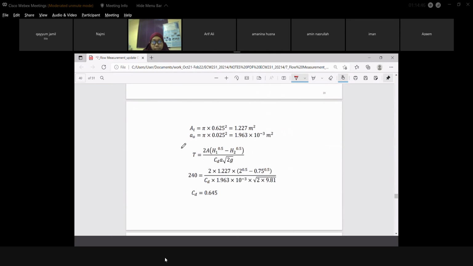Okay. So T equals area times H1 minus H2, CD and the smaller area. There is a difference: the bigger area is the area of the tank, and the smaller area is the area of the orifice.